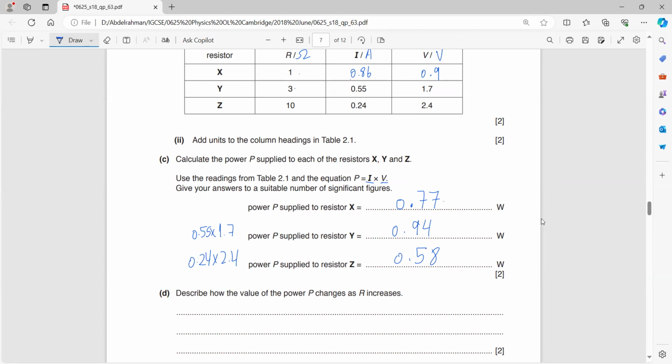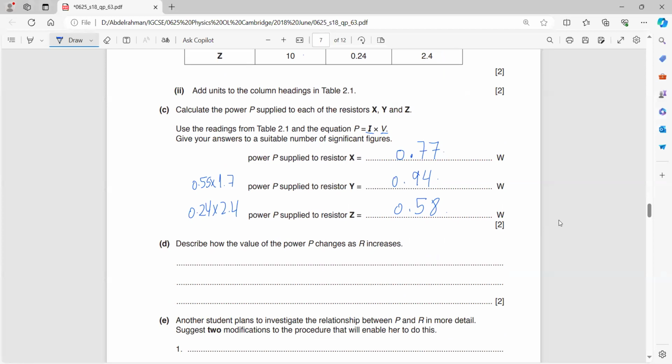Then 3, 0.94. It increased. Then when the resistance was 10, the power decreased. That's it. At first the power increases, then decreases.